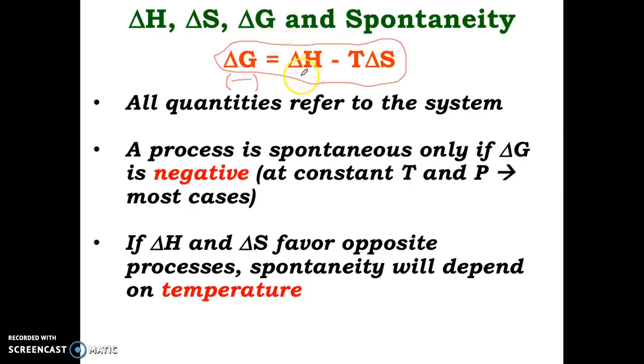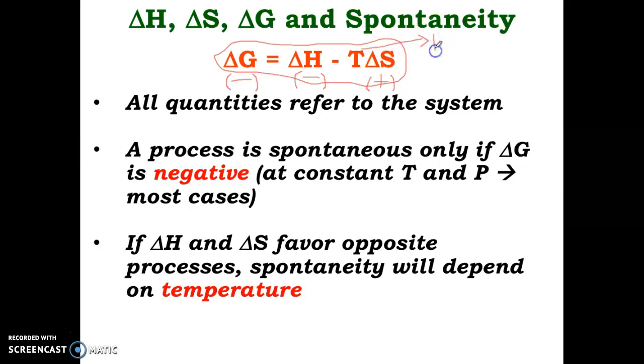So what we can look at is when delta G is going to be negative in relation to delta H and delta S. If delta H happens to be negative and delta S happens to be positive, delta G is always going to be negative. Why?